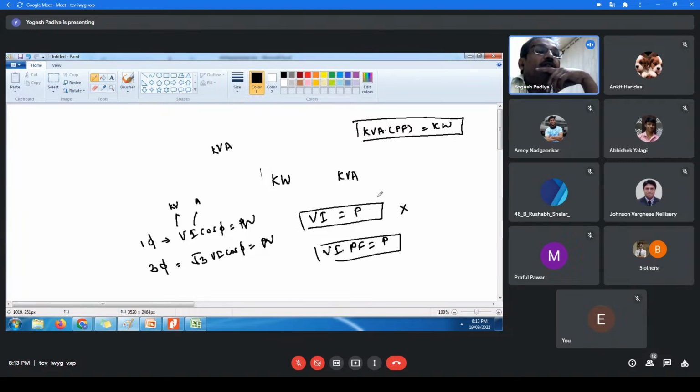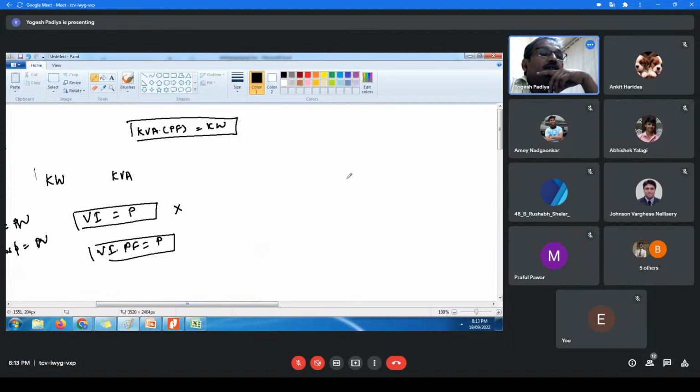Now, suppose you have a load. This load will consume kilowatt, not kVA.